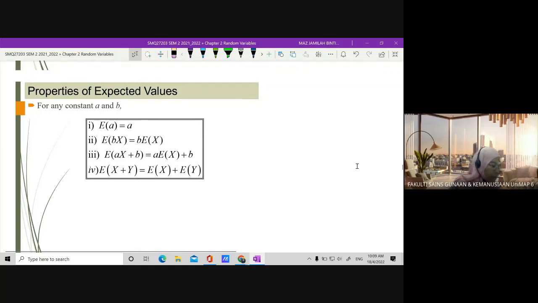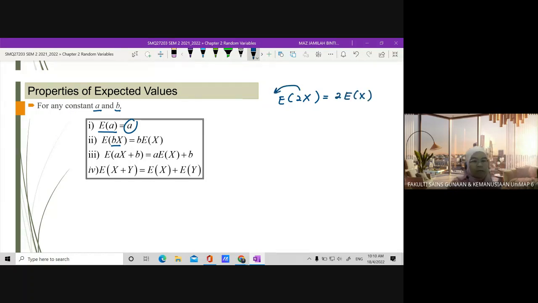Now, there are a few properties of expected value of x. What will be the properties? If you have a constant a and a constant b involved in your calculation, the expected value of a will always be the constant value. If you have the expected value of bx, what is b? Any value. For example, the expected value of 2x is simply 2 times the expected value of x, taking the value out.